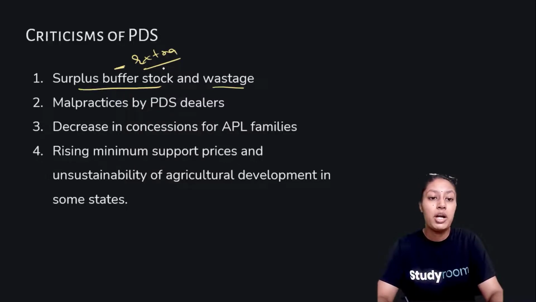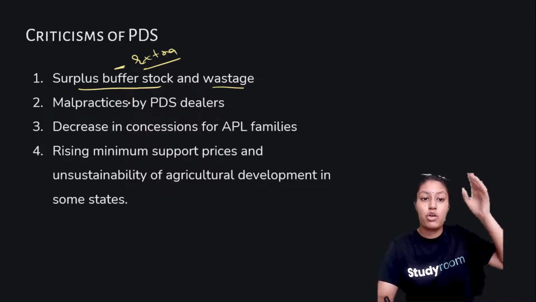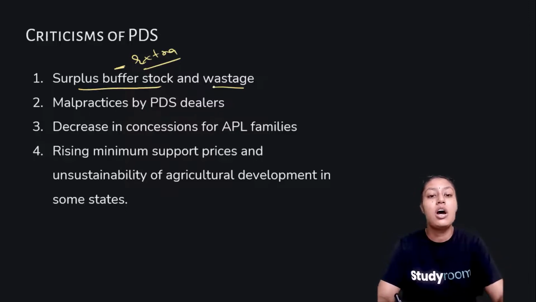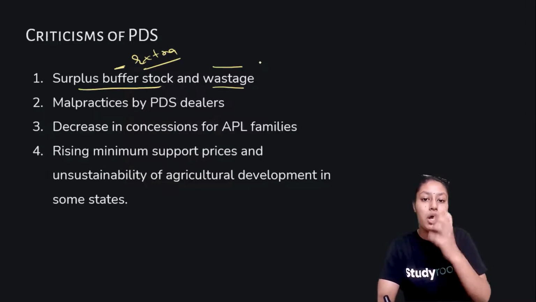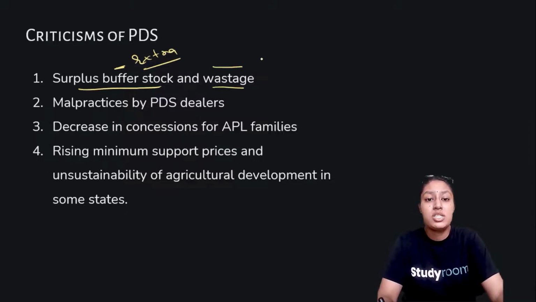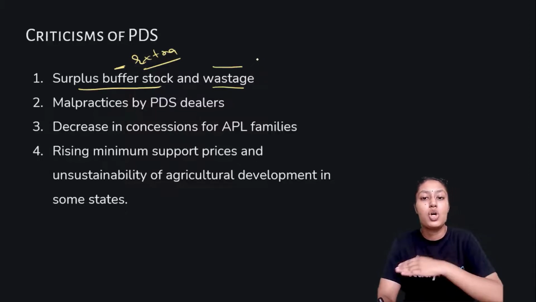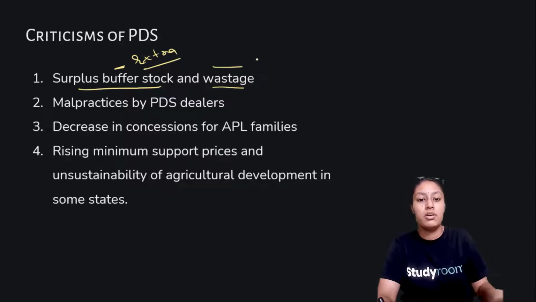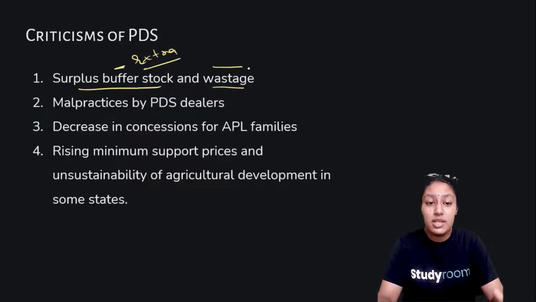But we had surplus buffer stock, which means extra stock, and therefore it has led to wastage. You must have seen in news channels a whole godown full of wheat which is now wasted, the wheat is all over the road, and vehicles are passing over it. Yes, such a situation has sadly been seen because of mismanagement.